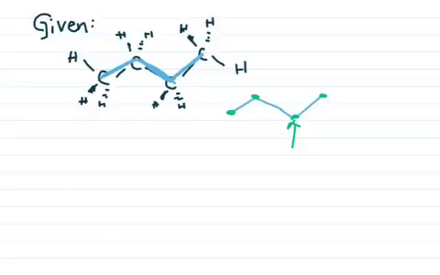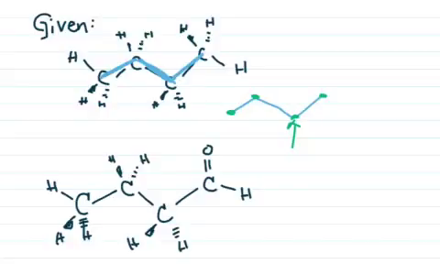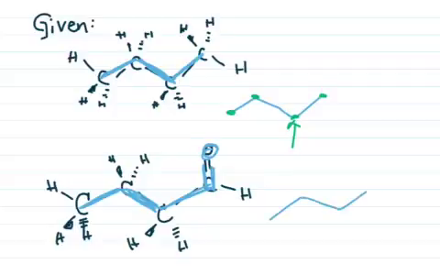Now if I gave you this structure, how would I draw it? Well, again, I would connect the bonds of the carbon-carbon, and here I would need to show the double bond and the oxygen. So let's draw it out. So it would look like this.